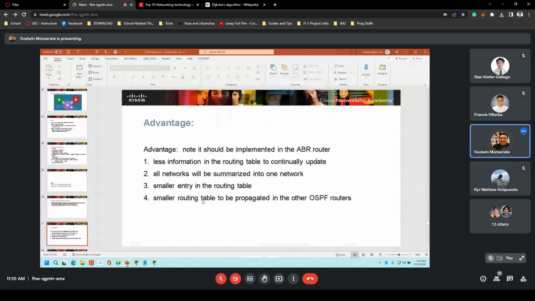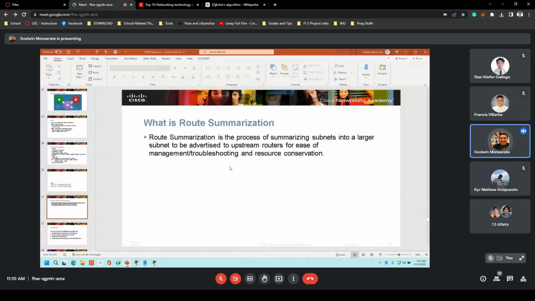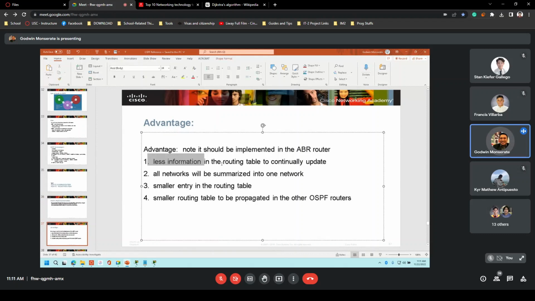Number 1, route summarization is the process of summarizing subnets into a larger subnet to be advertised to the upstream router for ease of management and troubleshooting and resource conservation. The advantage: less information in the routing table to update. All networks will be summarized into one smaller entry in the routing table, and a smaller routing table to be propagated to the other OSPF routers.